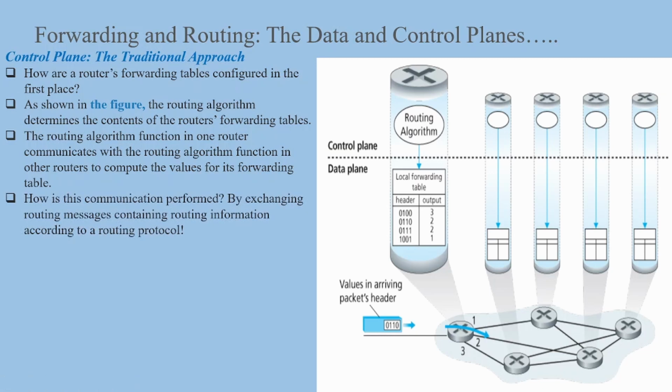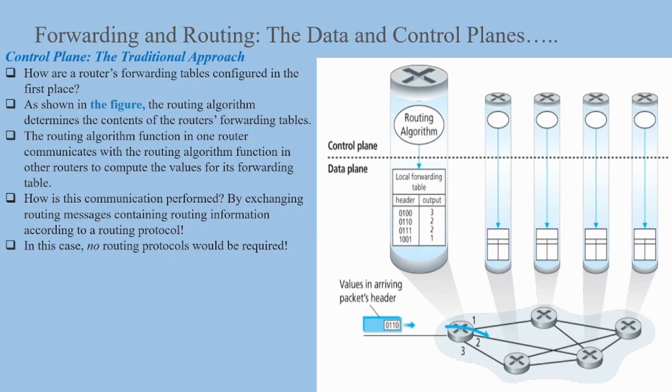How is this communication performed? Simply by exchanging routing messages containing routing information according to a routing protocol. The distinct and different purposes of the forwarding and routing functions can be further illustrated by considering the hypothetical, which is obviously unrealistic but technically feasible, case of a network in which all forwarding tables are configured directly by human network operators physically present at the routers.